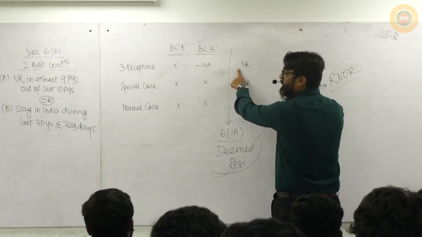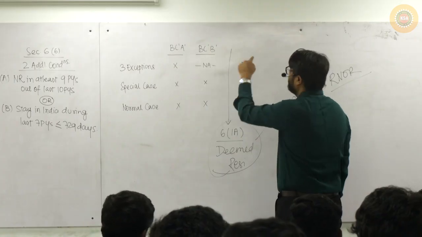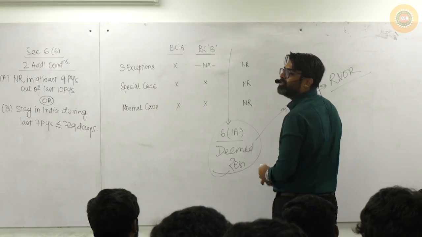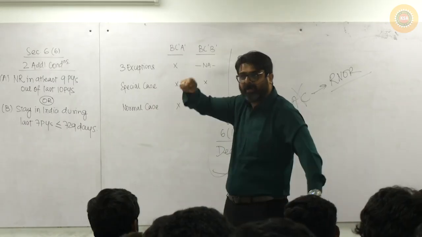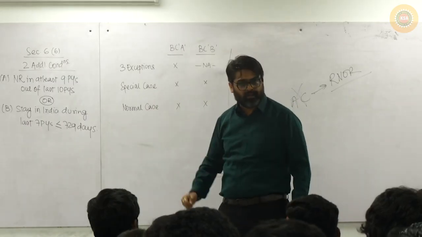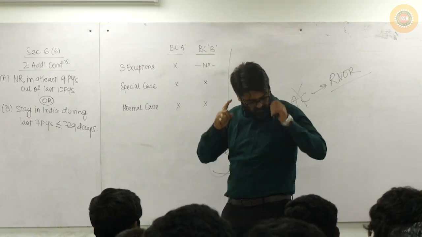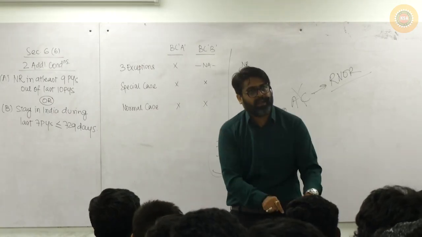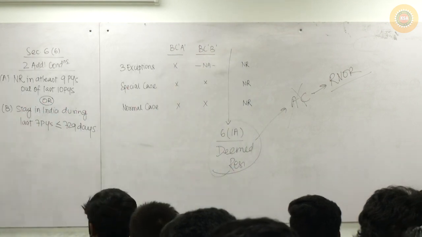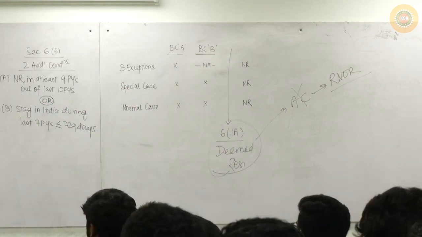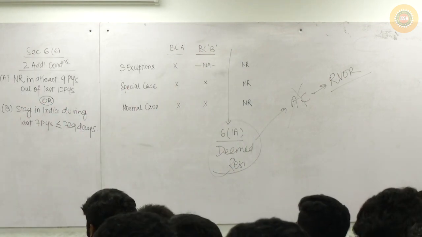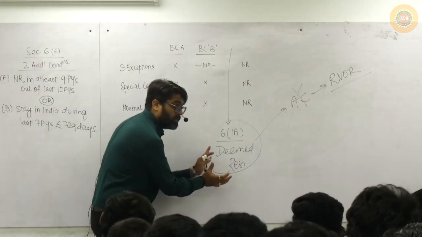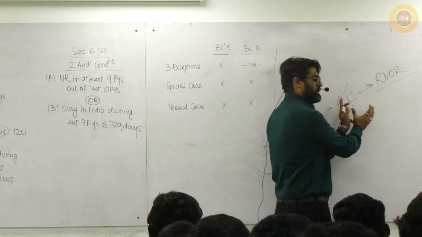A non-resident. On Indian income, will you pay tax? Indian income, a non-resident will pay tax. But this non-resident will not pay tax on any of the foreign income, A as well as B. None of the foreign income will be taxable. We don't want that, because on all the foreign incomes, you are not paying tax in India and not paying tax outside India also. So we are not going to make you a non-resident. We have made you a deemed resident, and there is no need to satisfy additional conditions. You directly become RNOR.